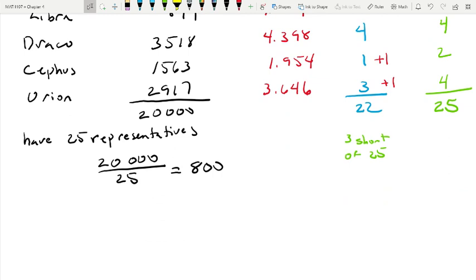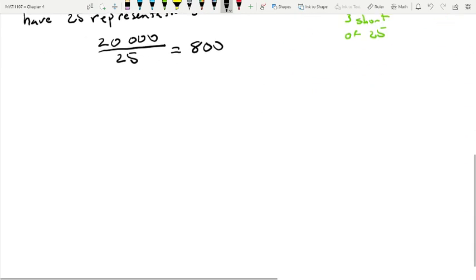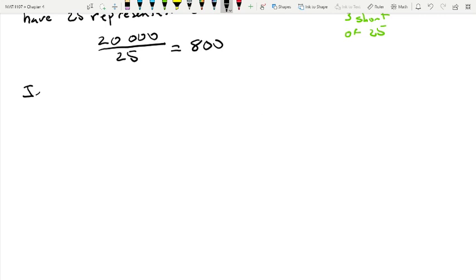Well, the next one is called the Jefferson Plan. The Jefferson Plan tries to get rid of that step we had to go through, and here we modify the standard divisor.